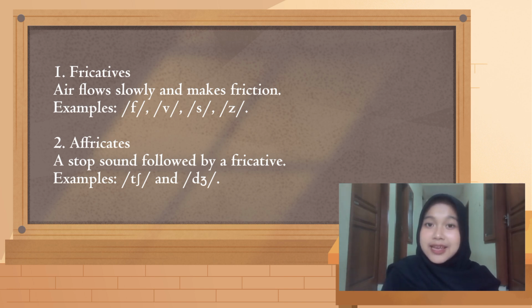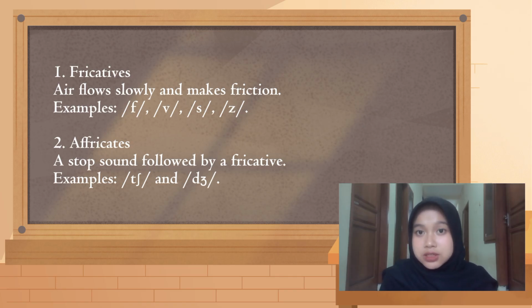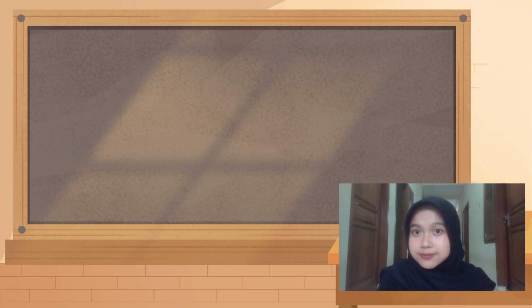The second is affricates. It is a stop sound followed by a fricative. For example, ch, for children, and ch for choose.